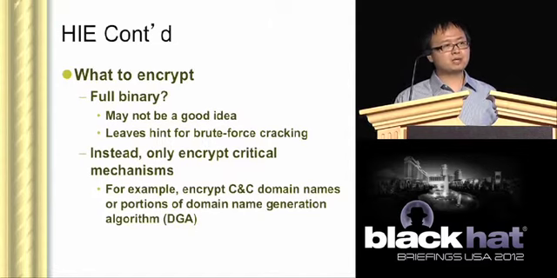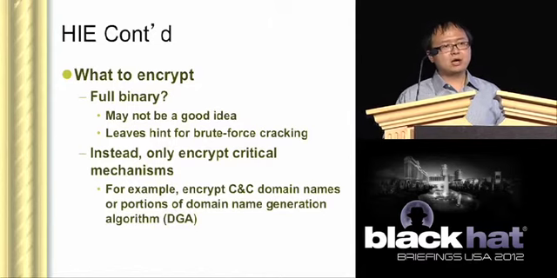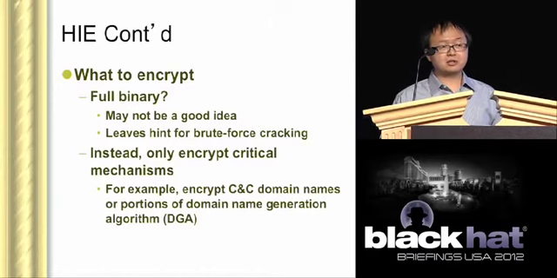But this may not be a good idea, because this failure-to-execute event is a very good signal for the analysis program. It can leverage this signal to speed up the cracking process, if you are familiar with how to crack encrypted binaries. So instead, we suggest using HIE as a complementary technique and only using it to encrypt critical mechanisms.